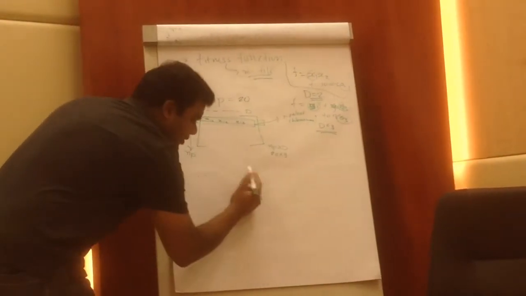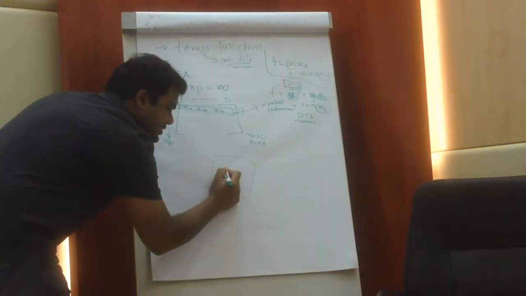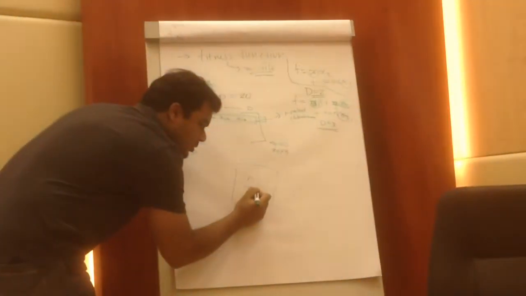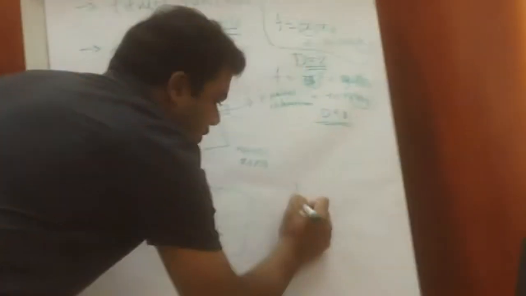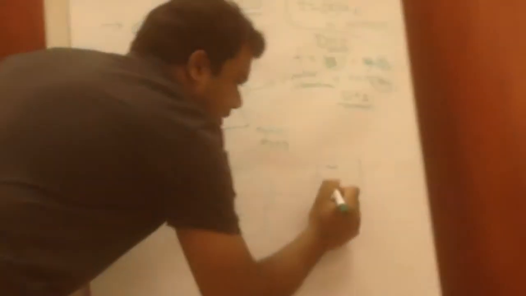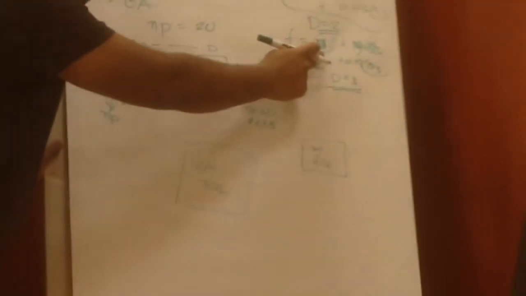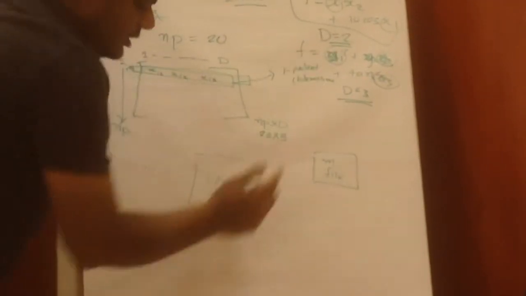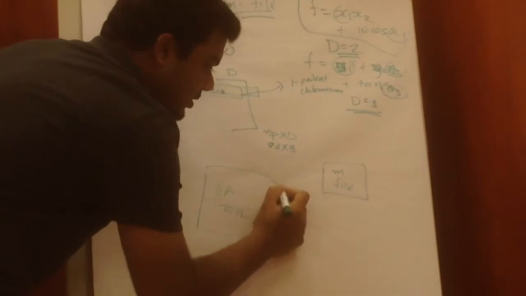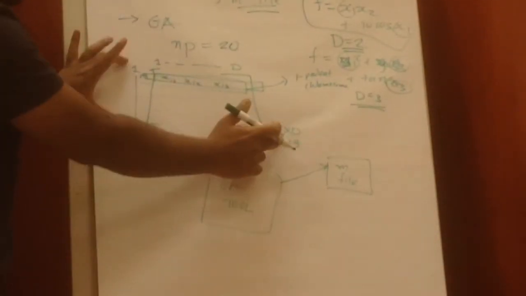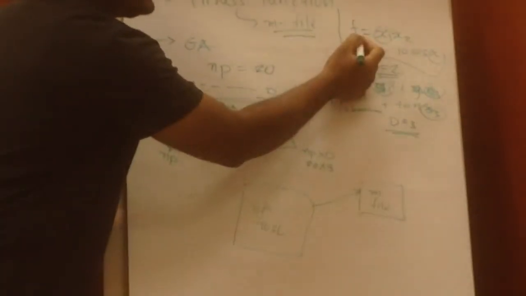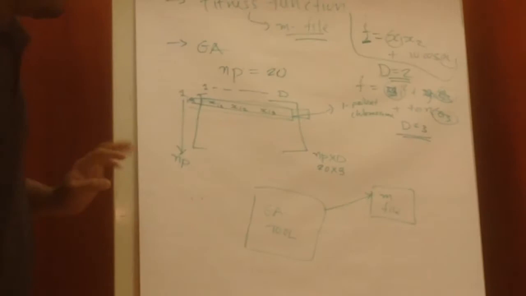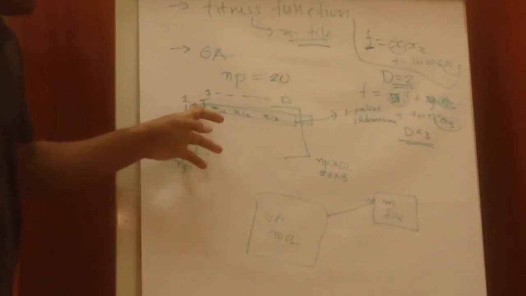So say you have this GA tool and you have your M file. This M file has a problem which you're going to solve using GA. So what this guy will do, it will send this entire matrix to this M file, and this M file will return the fitness value, this F, for this entire matrix.